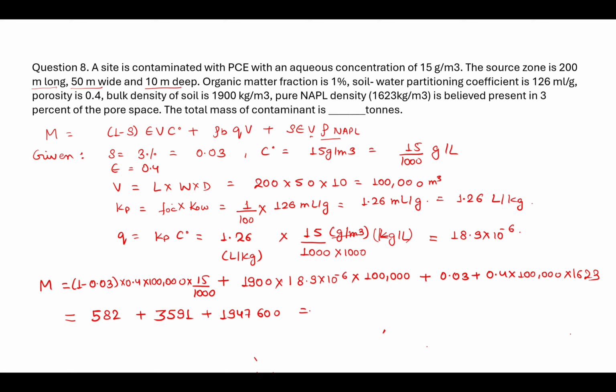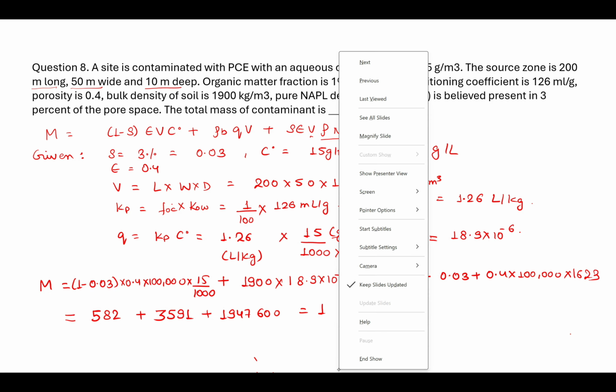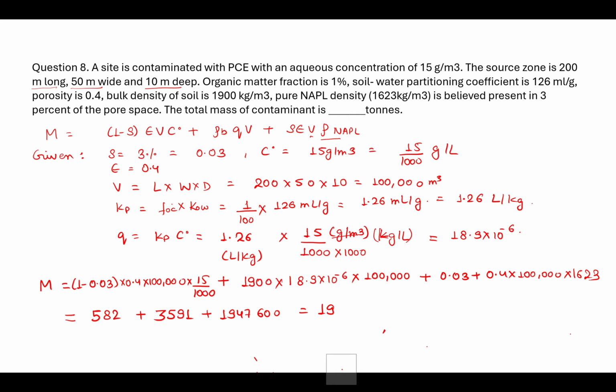So it's 582 plus 3591 plus 1947600. So it's 1951773 kg.